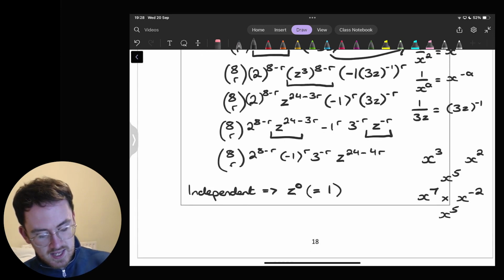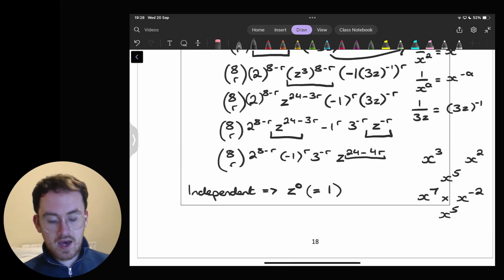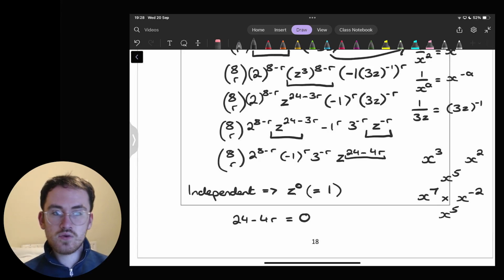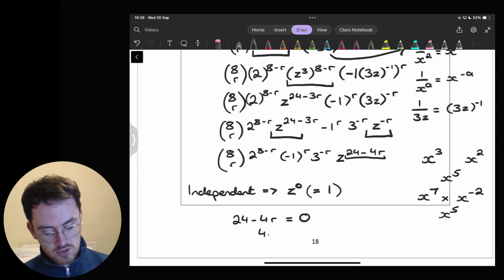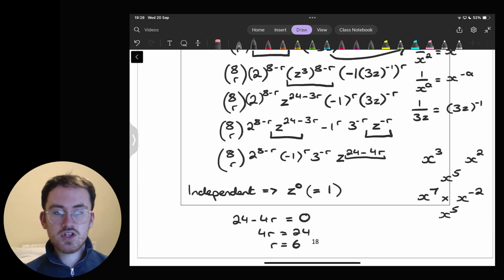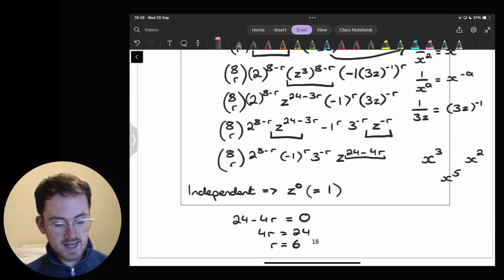So if we take this power here, the 24 minus 4r, we want to know what value of r I need for that to equal 0. By doing some simple solving, we get a value of r equals 6. So that tells us that when r is equal to 6, my answer is going to have no z part.